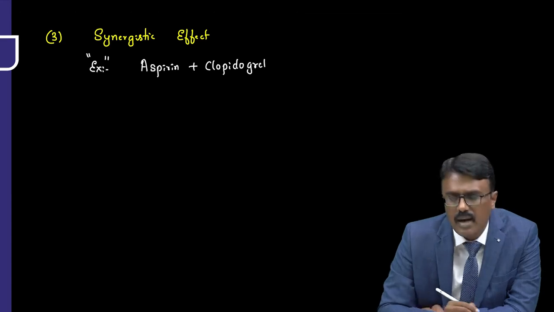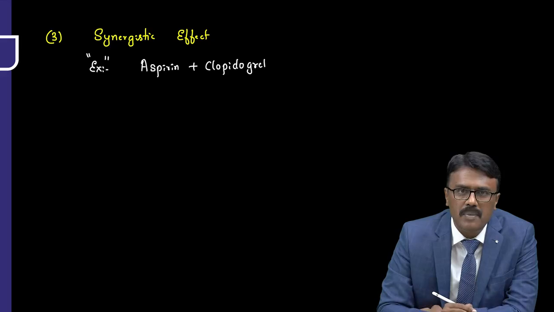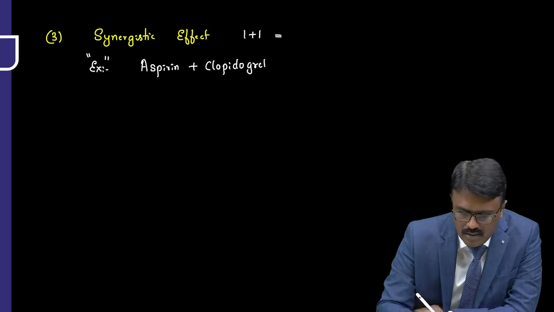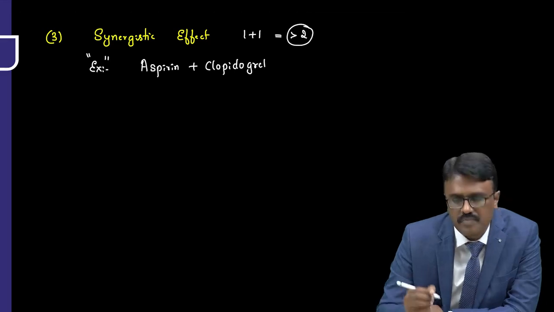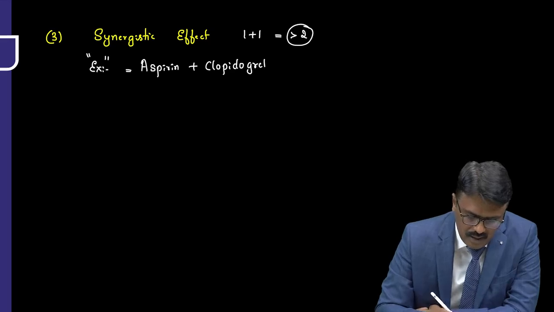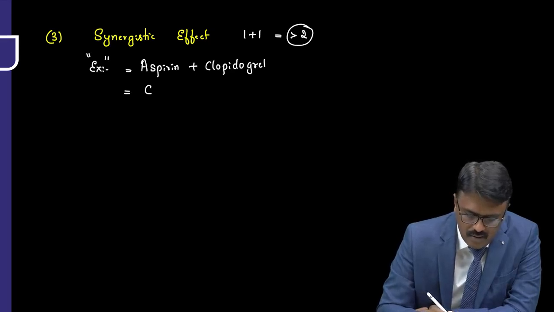When we add them together, the antiplatelet efficacy increases. So we can write it as 1 plus 1, the action is more than 2. So the efficacy increases.